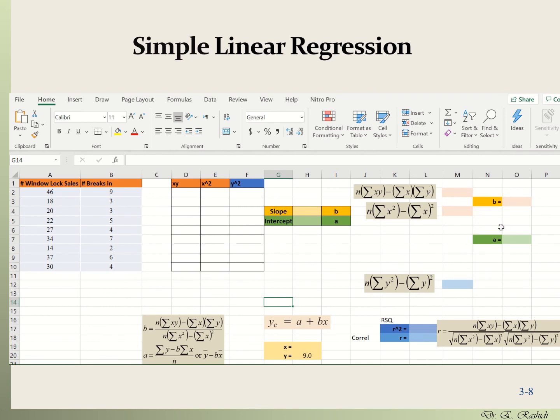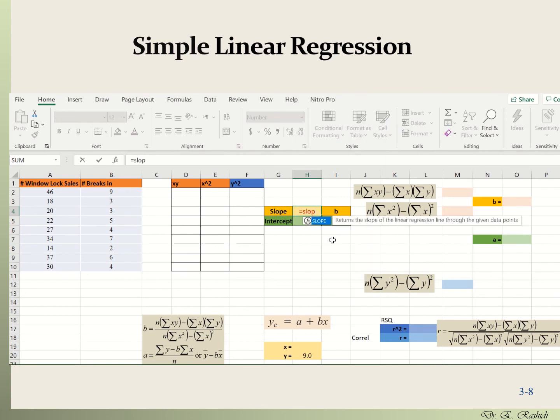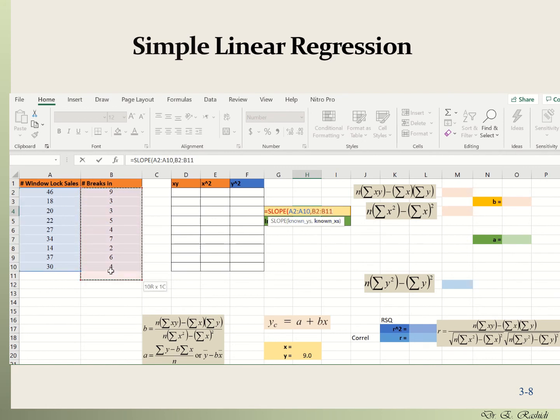You can compute that, but we're gonna do the efficient way, which is using Excel's function SLOPE to compute the slope B. It has two parameters. The first one is the y variable, and the second one is the x variable. So the y variable is the number of window locks sold, and the x variable is the number of break-ins.